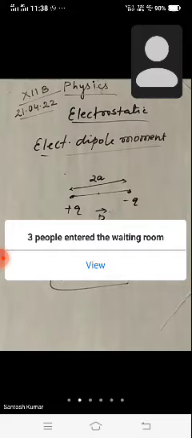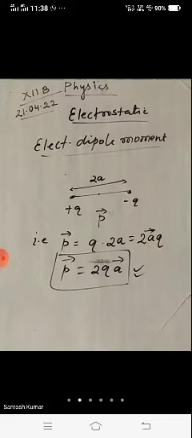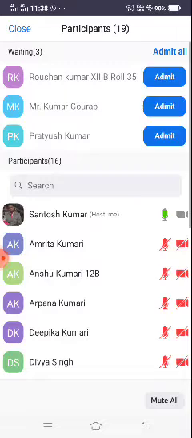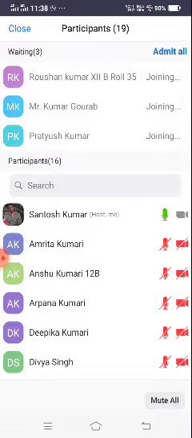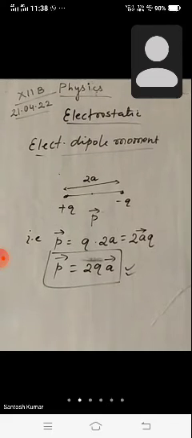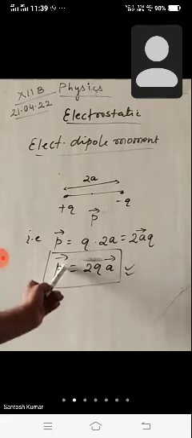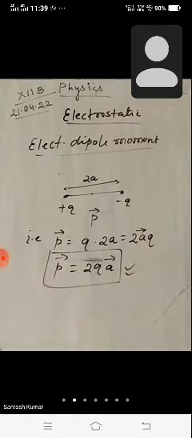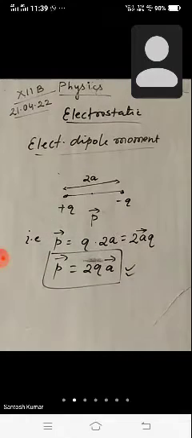In the classroom we had simply defined it, and after the definition you need to write the mathematical form and then draw the diagram.